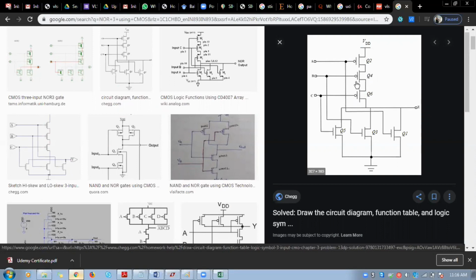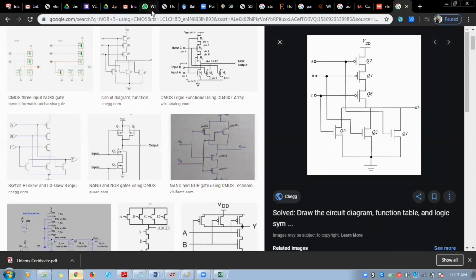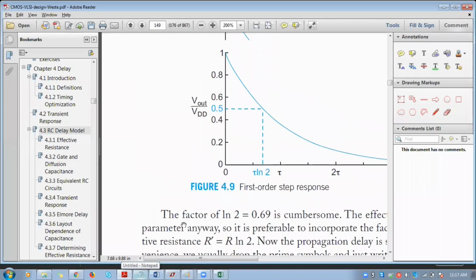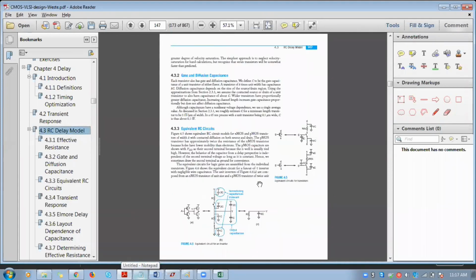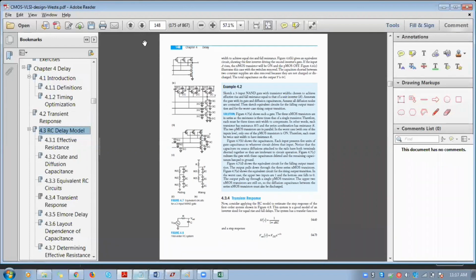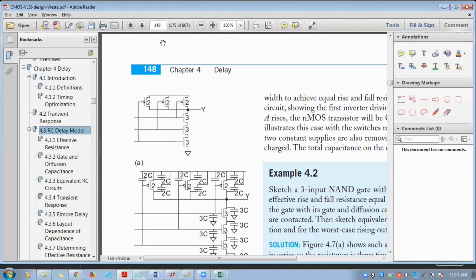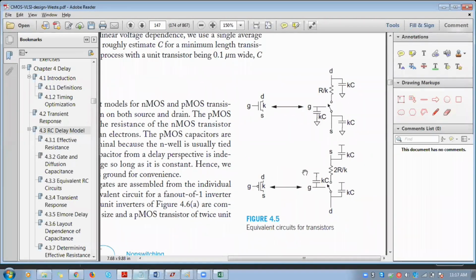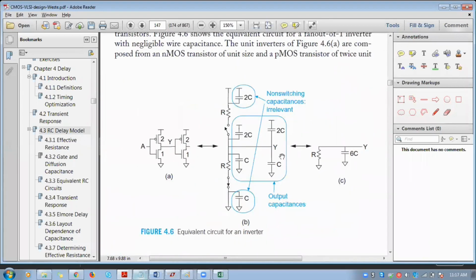Based on the K value only, we can calculate the input capacitance. If you see the equivalent circuit of NMOS and PMOS, we are going to calculate only the input capacitance, because this input capacitance comes from the second stage of the inverter.